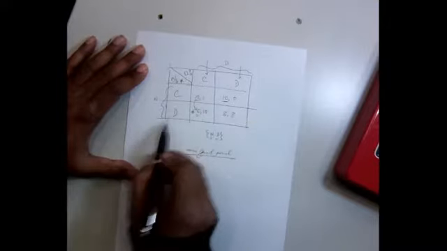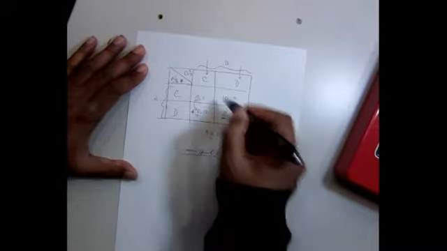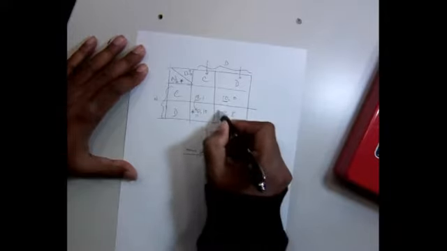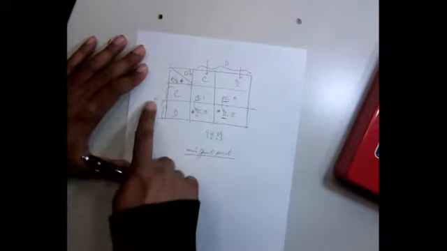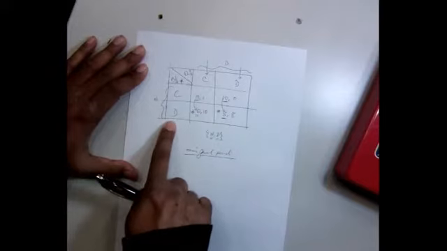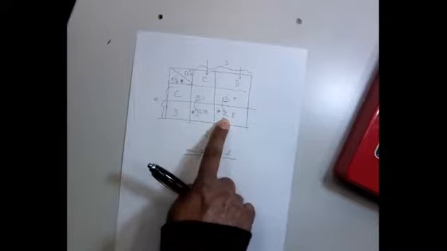Or alternatively, he can choose D, then he will get 8. So clearly 8 is less than 10. That means 8 is much better than 10, right? So what does that mean? That implies if Della chooses D, Nobin will still choose D. Why? Because that will ensure him a minimum jail period.